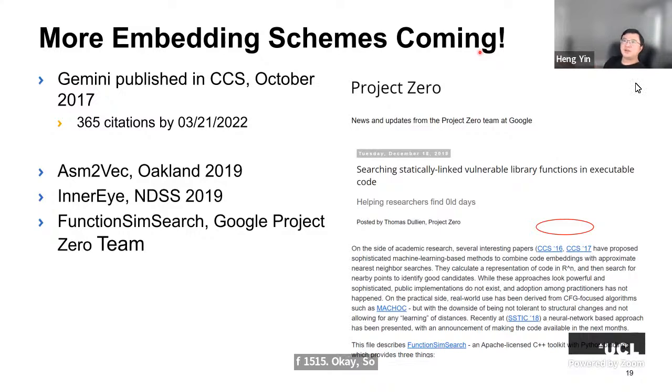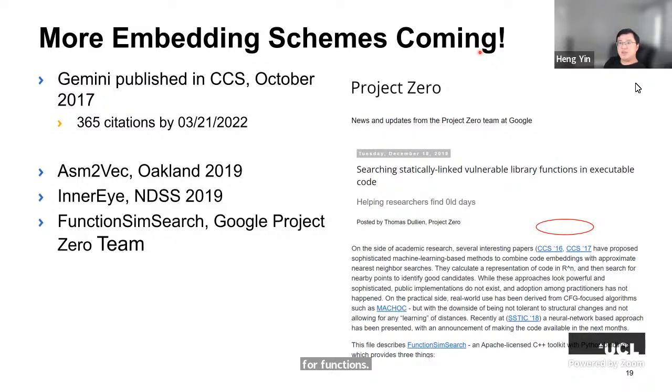After our Gemini paper was published in October 2017, many researchers followed this idea: embedding generation, let's improve this, and try different ideas to generate embeddings for functions. By the way, this paper became really popular.